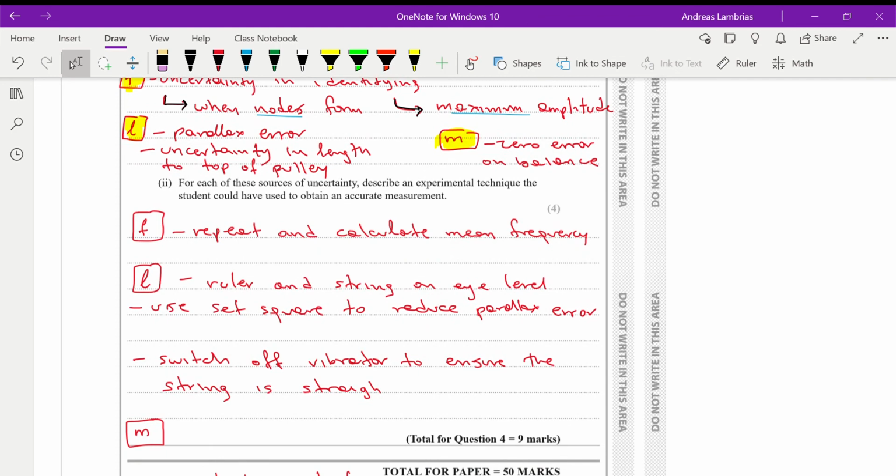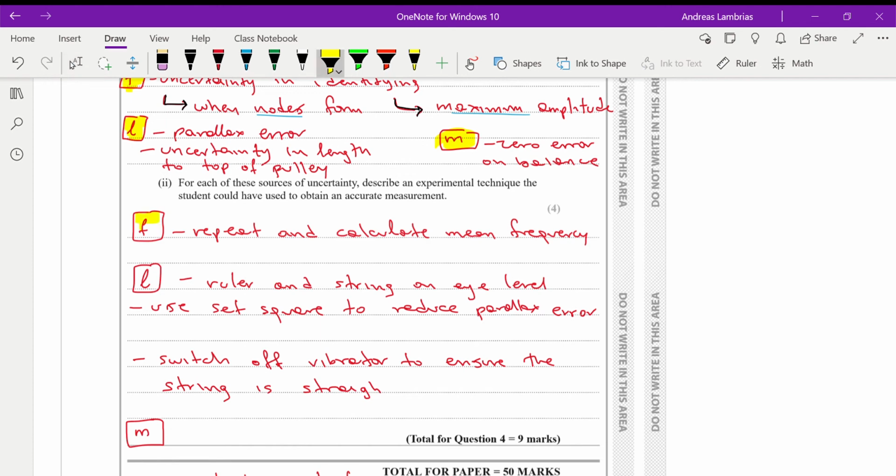The only thing is we need to zero it before, so we avoid any zero error on the balance. The second part of this question is to find ways to obtain accurate measurements. So we have to explain what we can do to avoid the uncertainties we have mentioned above.